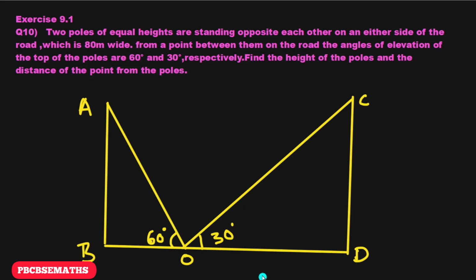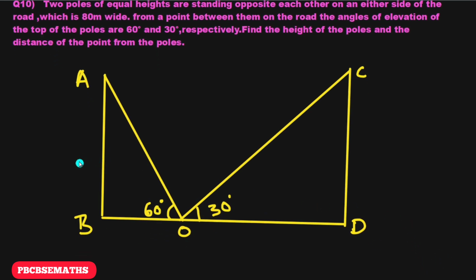So let's consider AB and CD as the two poles of equal heights. From this point O, if we see the top of the two poles, the angles of elevation are found to be 60 degree and 30 degree respectively. And it is given that the distance between these two poles is equal to 80 meters.